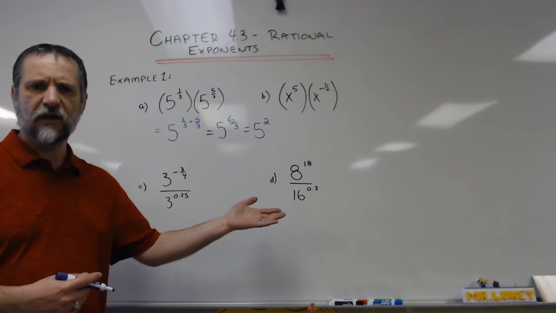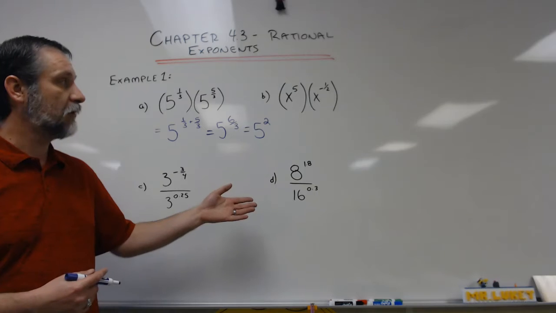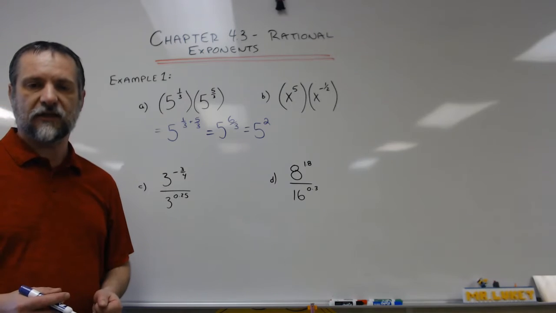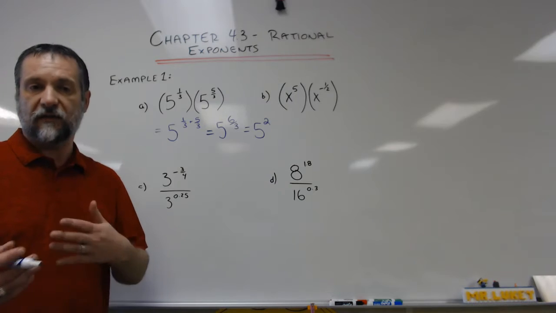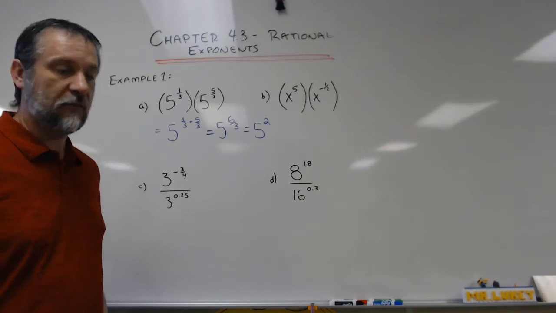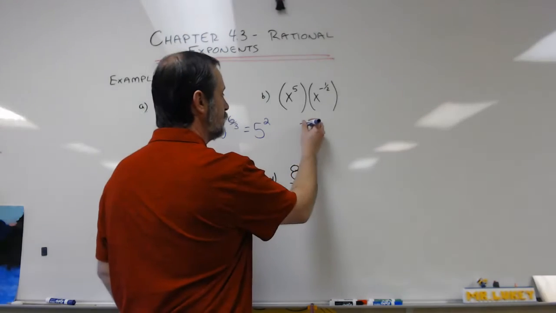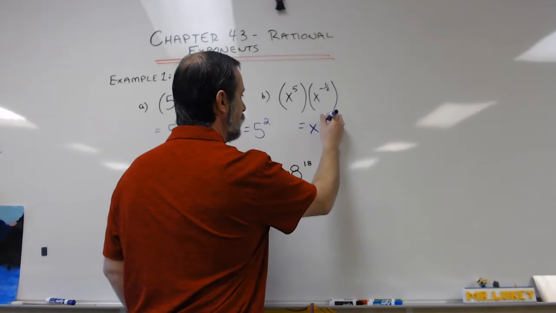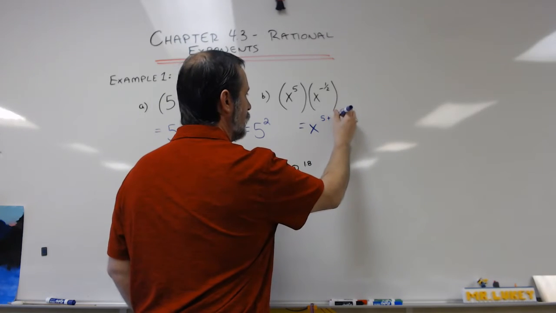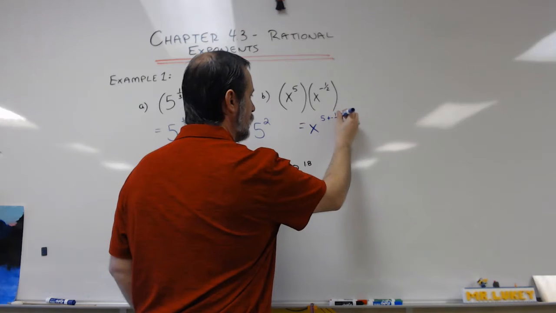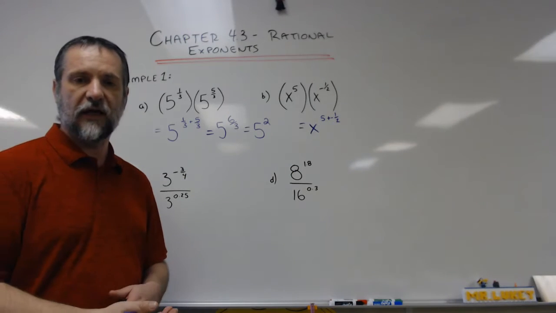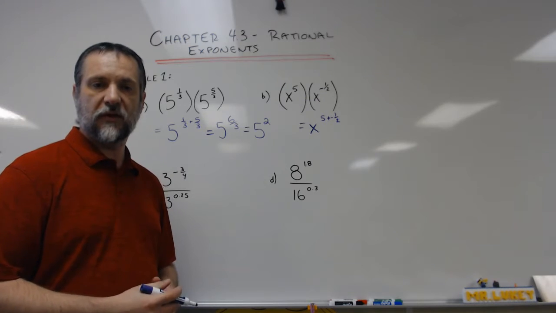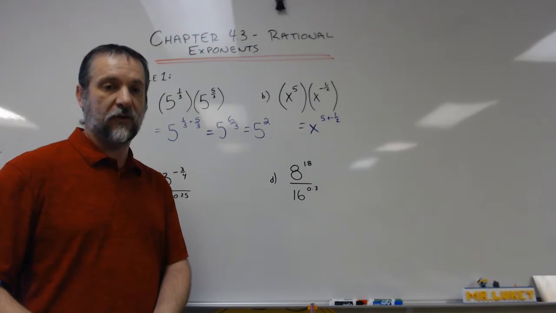For the next one here, we're looking at x to the power of 5 times x to the power of -1/2. We're going to have to follow the same rules. We're going to have to add exponents, and we can see if we can make this work. So we have 5 plus -1/2. All we have to do is get common denominators before we can add this.